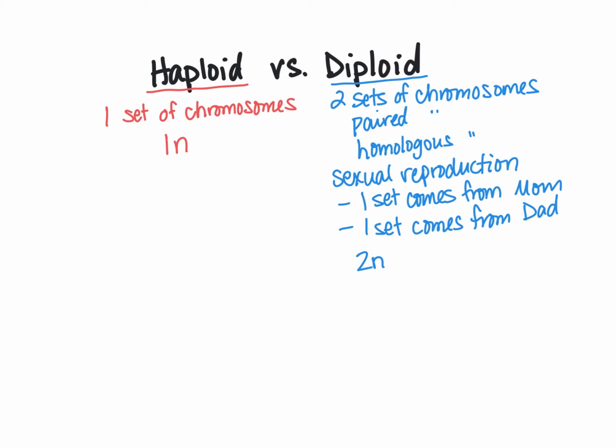Now, both haploid and diploid organisms can go through mitosis. But only diploid organisms can go through meiosis.